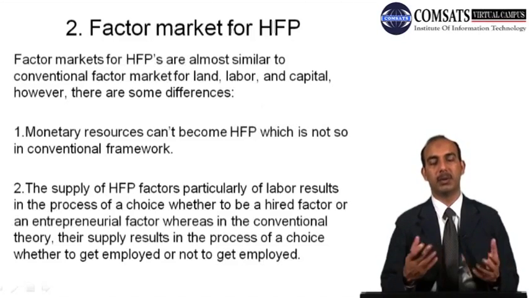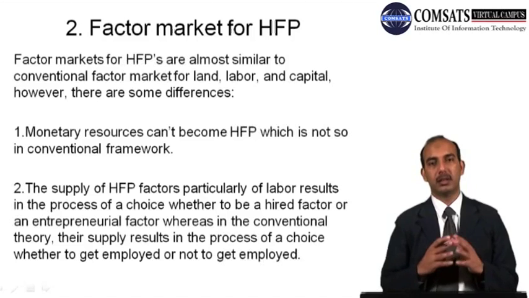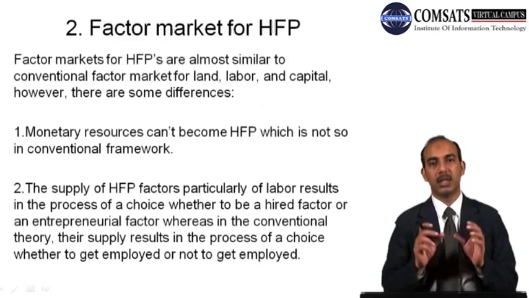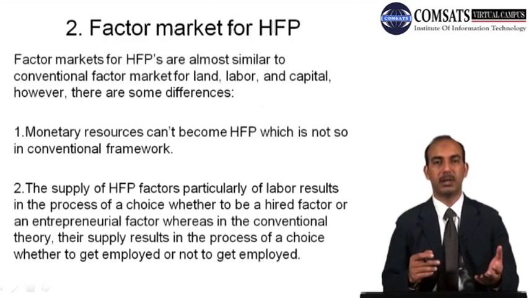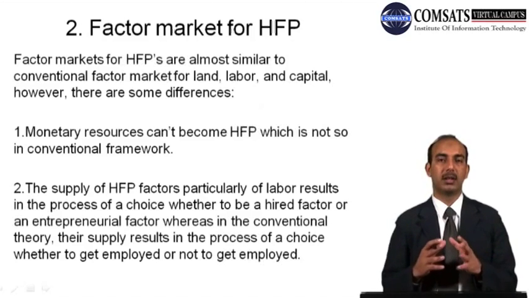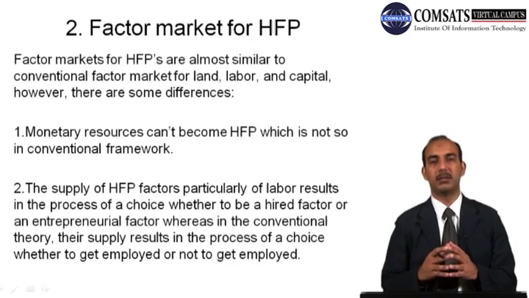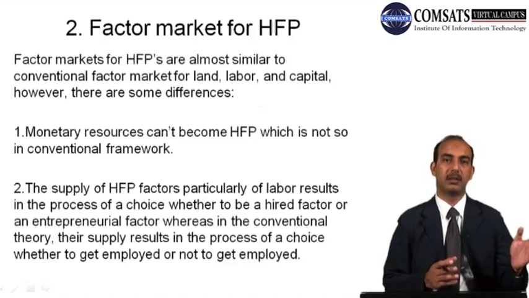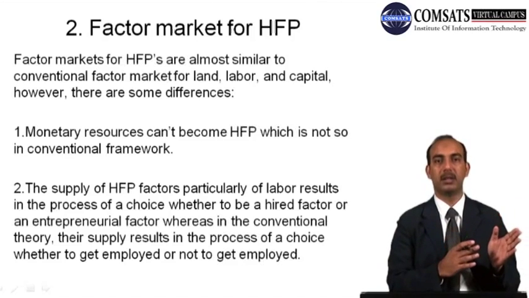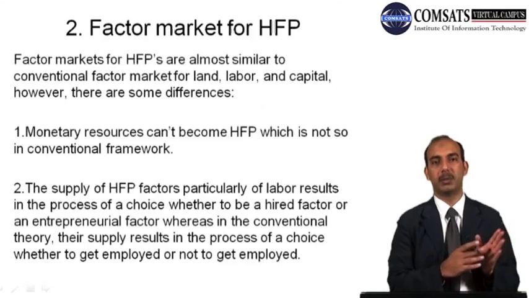In the case of labor, for example, under the Islamic economic system, the same human capital can become labor and can become an entrepreneur. Whereas under the conventional economic system, laborers have the choice whether to be employed or not. A different class of society has the right to become an entrepreneur.